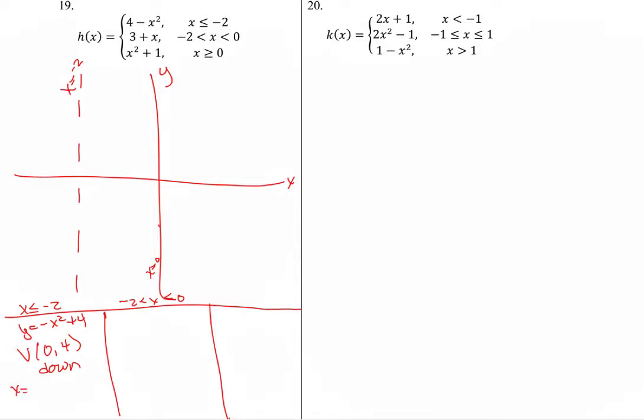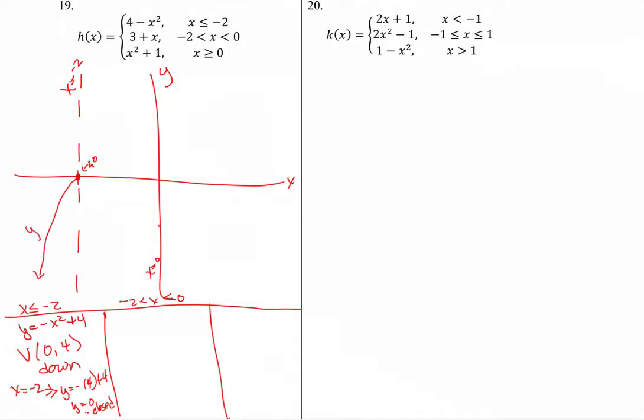So if x equals negative 2, then what is this function? Then I have y equals negative 4 plus 4. So this becomes y equals 0. So I have a 0 here, and that's closed. So negative 2, 0 is a closed circle right here, and it opens down.